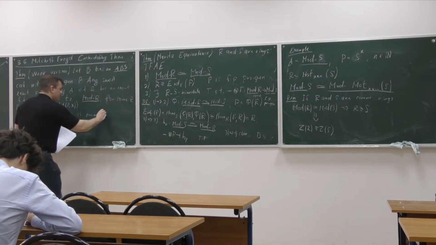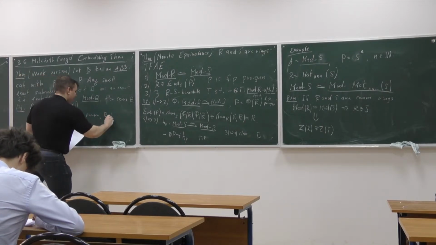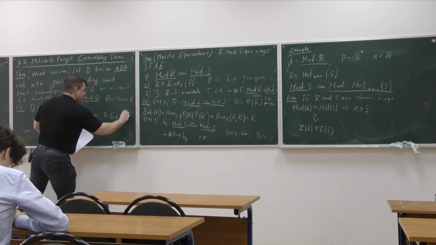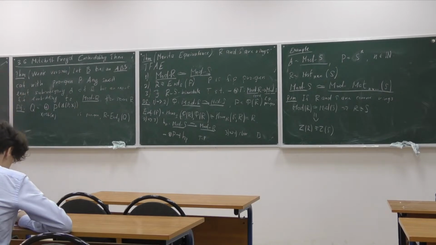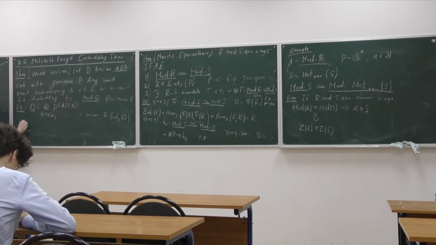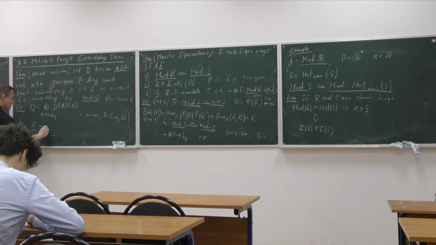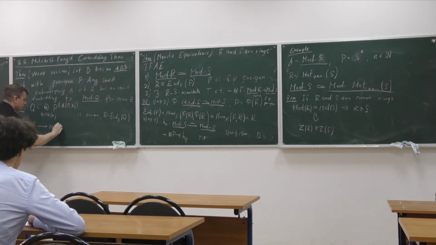And the ring R is just the endomorphism ring in the category B of this progenerator. Of course, the embedding that I want to consider is just H sub Q. That's a map from A to the right R modules.